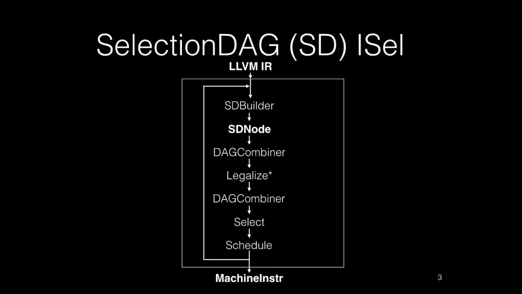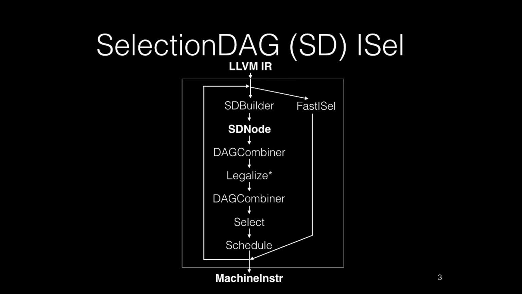So in the past, we introduced another scheme within this instruction selector framework that is called FastISel. FastISel is basically a direct translation from LLVM IR to machine instructions. However, to be able to be fast, we have to compromise on what we can support as input from LLVM IR.